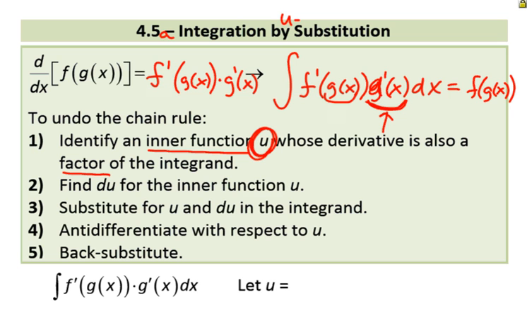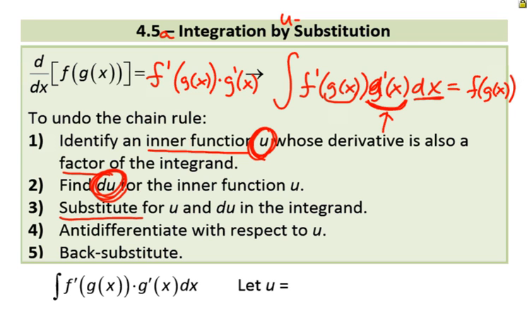Then you need to get everything in terms of u. We're integrating with respect to x, so I need to find du for the inner function. Then you substitute, so that everything inside the integral is in terms of u. Then anti-differentiate, take the integral, and then back substitute.